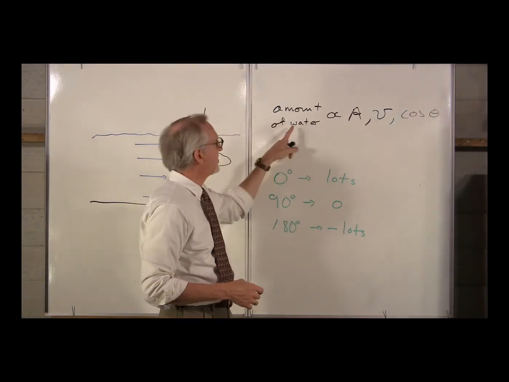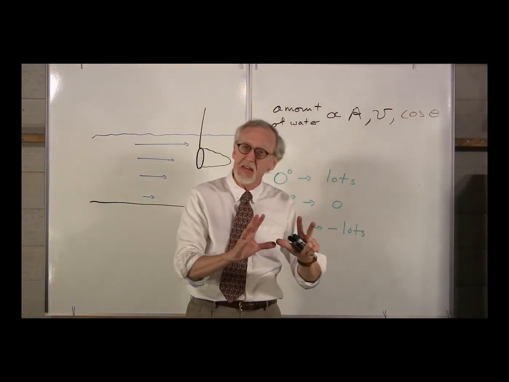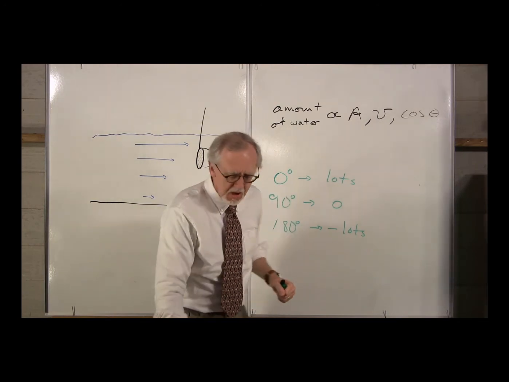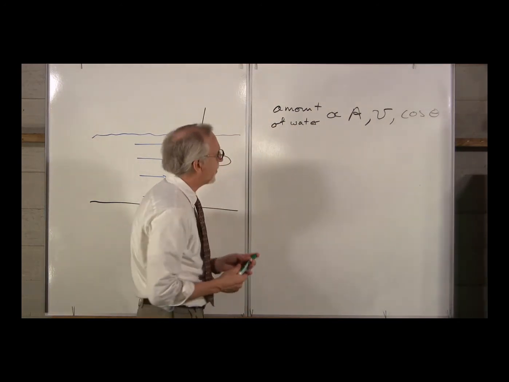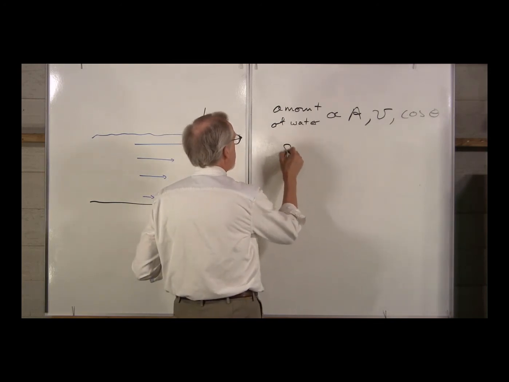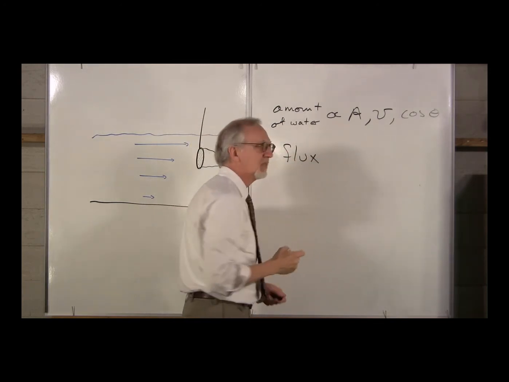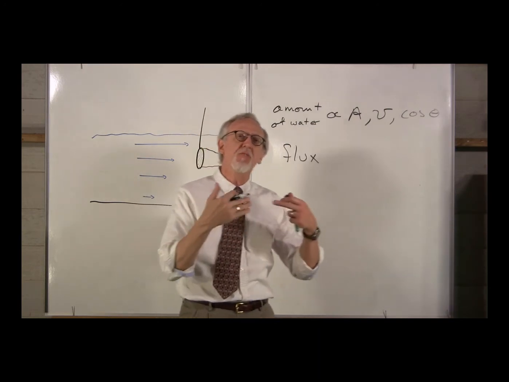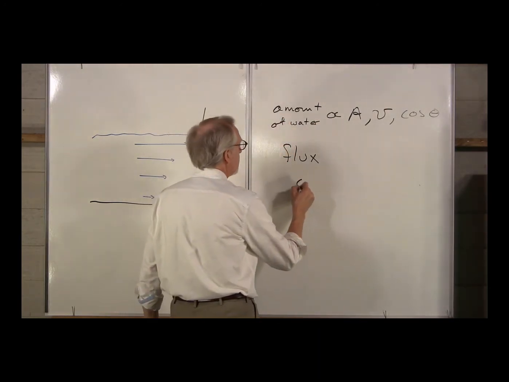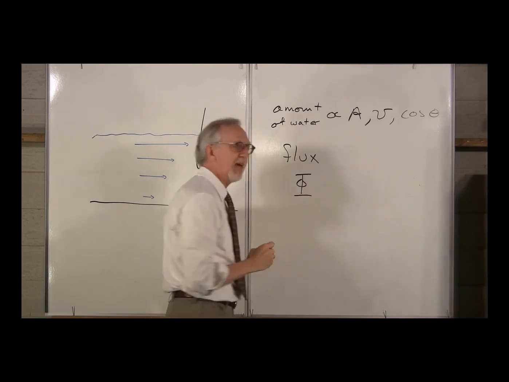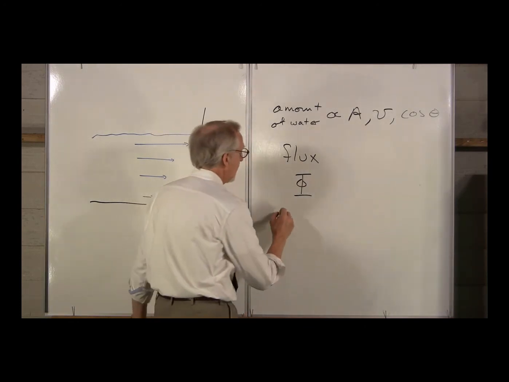That's all that this amount of water that goes into our net depends on. This quantity is what we will refer to as the flux. The flux of water, the amount of water going into the net. The symbol that we'll use for flux is a capital Greek letter phi.